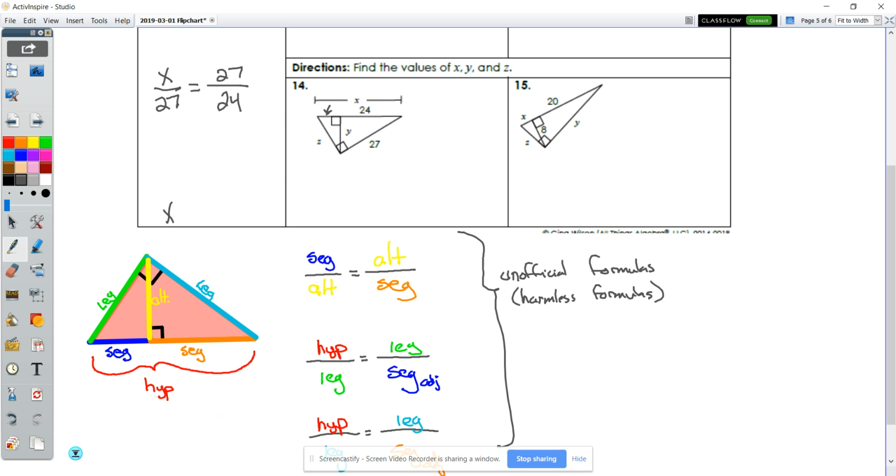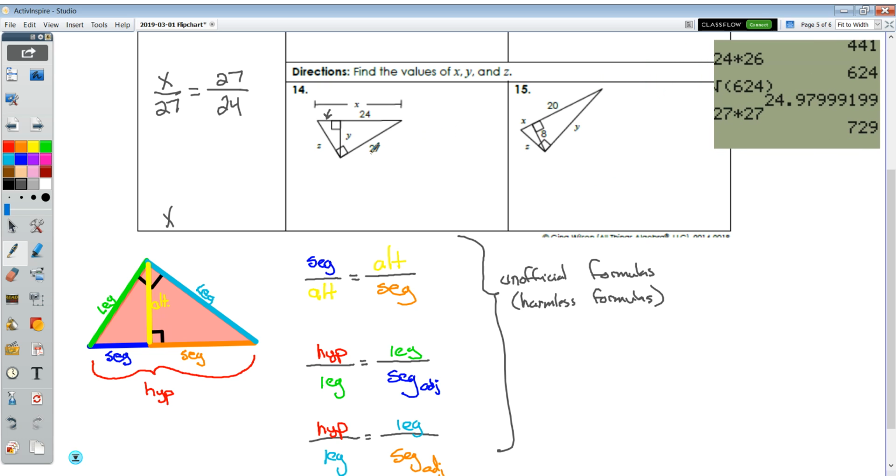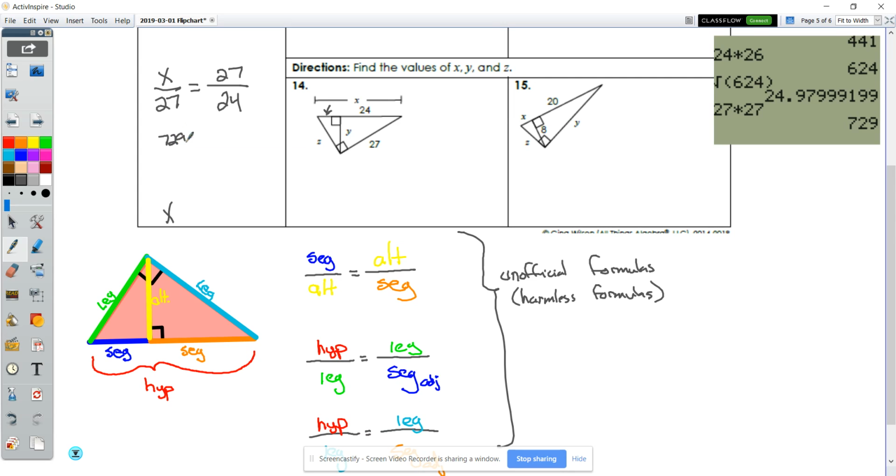27 times 27, I'm going to have to grab my calculator here. And I know it's off screen. You can't see it. 27 times 27 is 729. So let's put that right here. 27 times 27, 729. x times 24 is 24x. Divide both sides by 24.